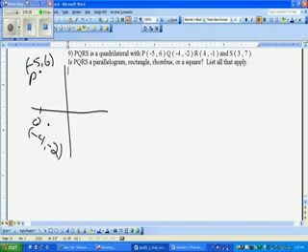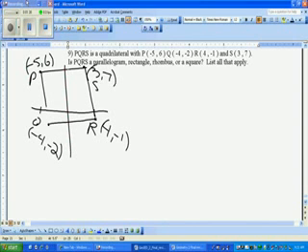Then we have R is 4 and -1. And we have S at 3, 7. And we can give ourselves an idea of what this looks like.